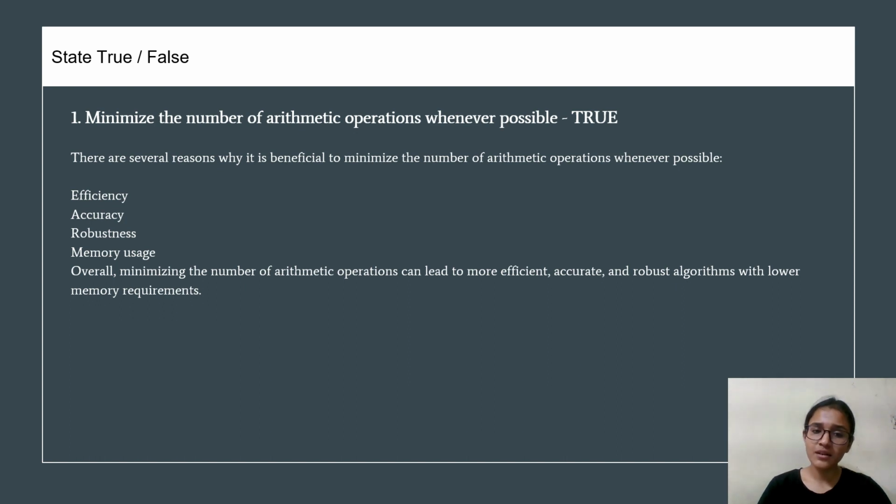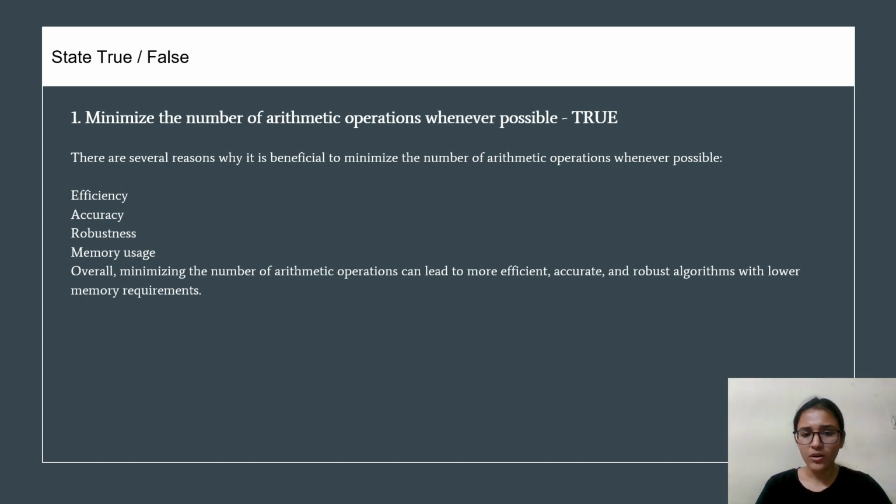By minimizing the number of operations, we can reduce the overall error and improve the accuracy of the results. Arithmetic operations can also lead to numerical instability and divergence, especially when dealing with large or small values. So we can reduce the risk of numerical instability and make the algorithm more robust.